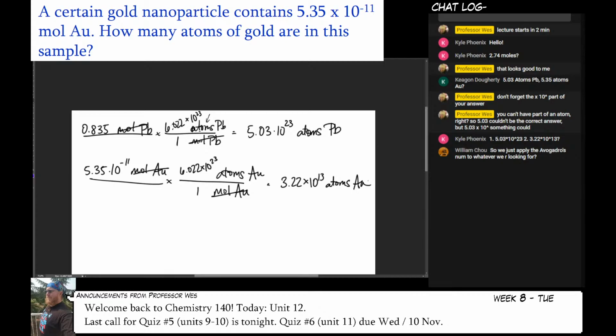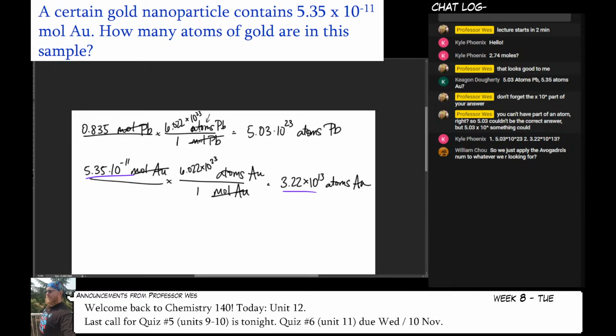But atoms are really tiny, like we've said many times before. So, even though I have a small number to start with, I still get a really big answer because a mole is a lot of things.